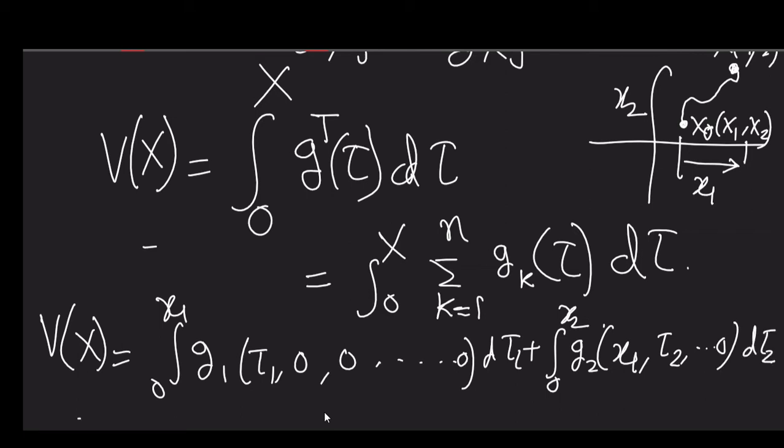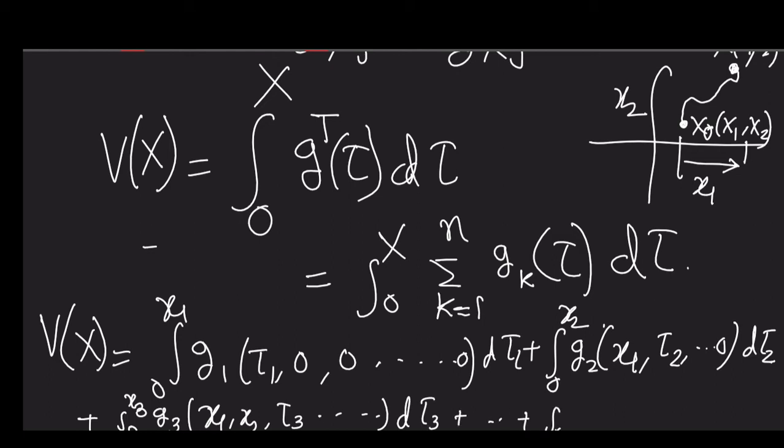So similarly we will have g3 (x1, x2, tau 3) d tau 3 plus the integral from 0 to xn of gn (x1, x2, ..., xn minus 1, tau) d tau. So if you evaluate this integration, you will get the desired result.